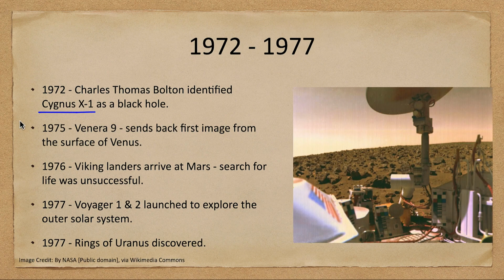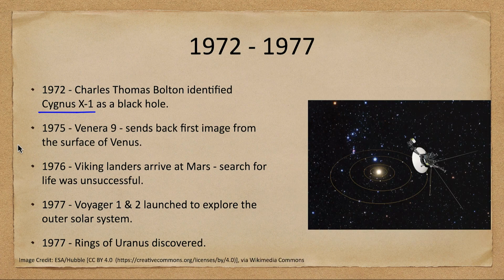Also landing on an object, 1976, you can see looking somewhat similar to Venus, but definitely some significant differences as well. And that is the Viking lander on the surface of Mars, looking for the possibility of some kind of life there. The following year, Voyager 1 and Voyager 2 were launched to explore the outer solar system.